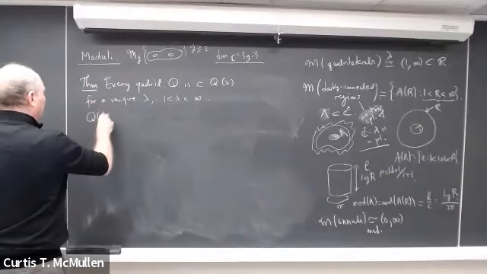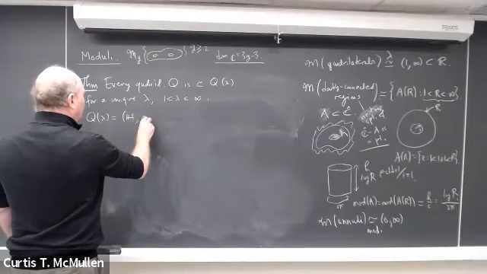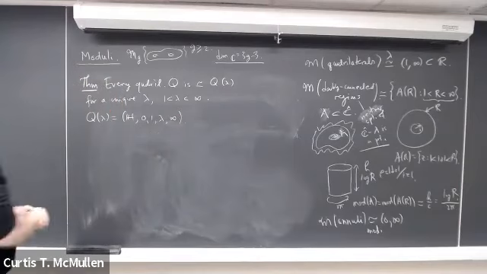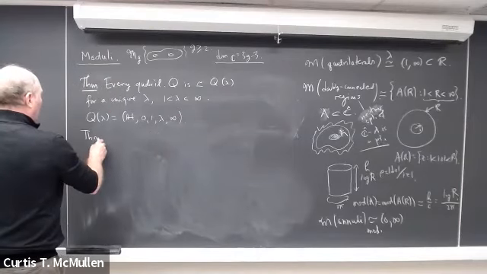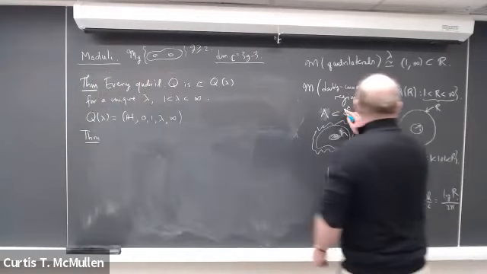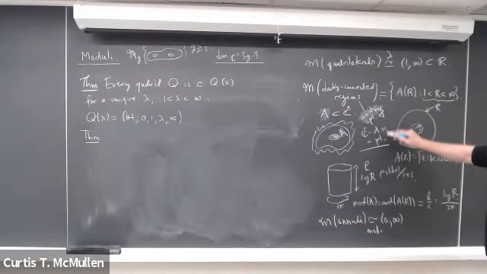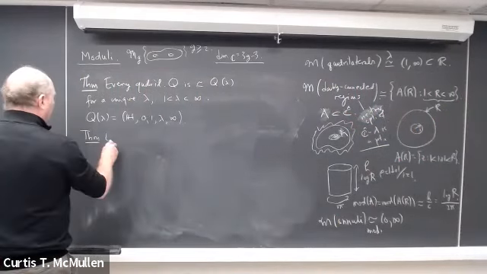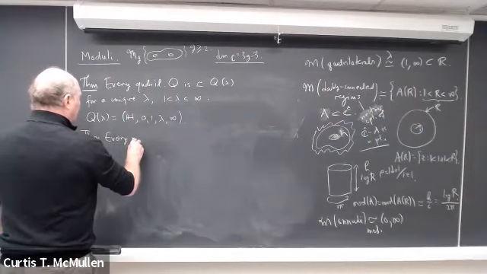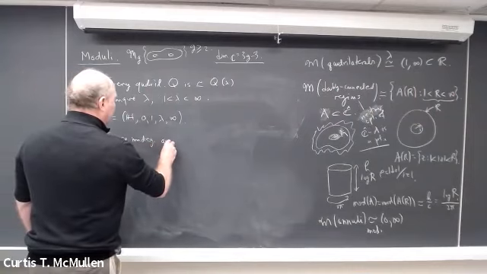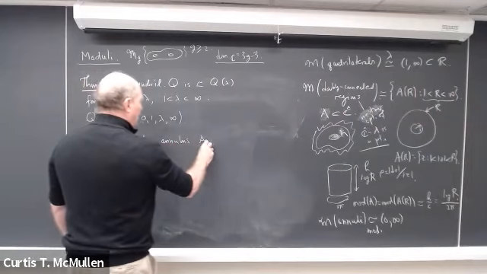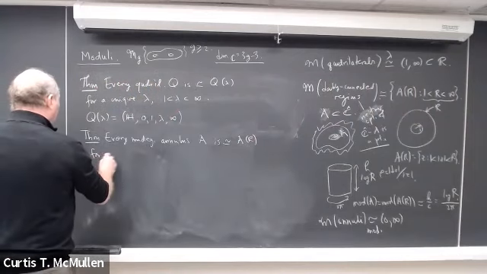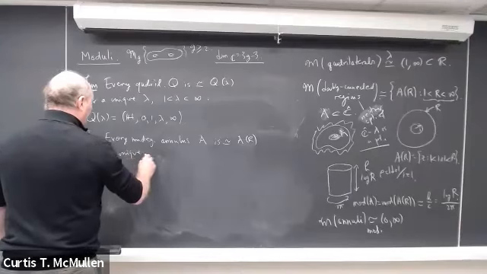And Q_lambda is the upper half plane with the marked points 0, 1, lambda, and infinity. And then there's an allied theory for annuli. Let's say an annulus is non-degenerate if neither one of the components of its complement degenerates to a point. So every non-degenerate annulus A is isomorphic to A_R for a unique R between 1 and infinity.